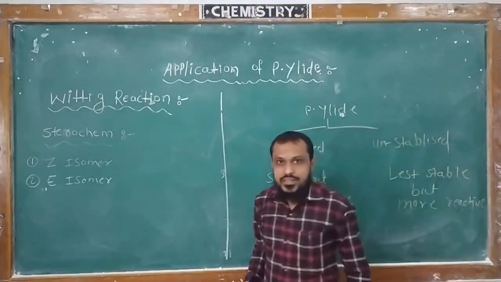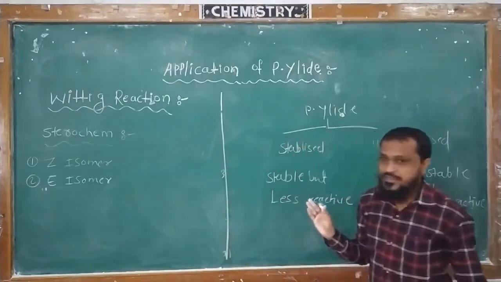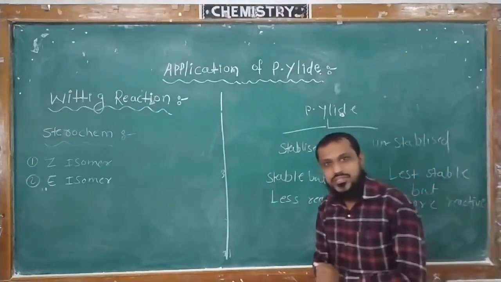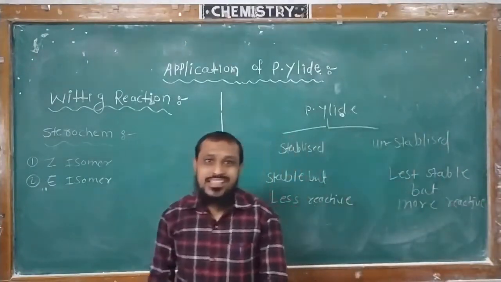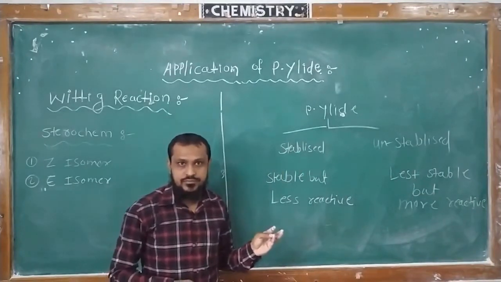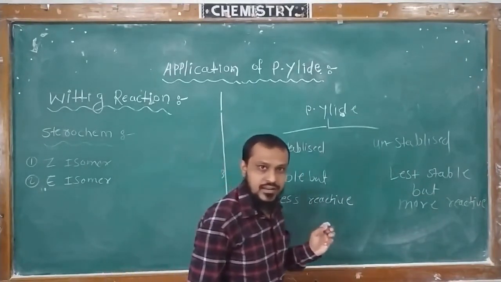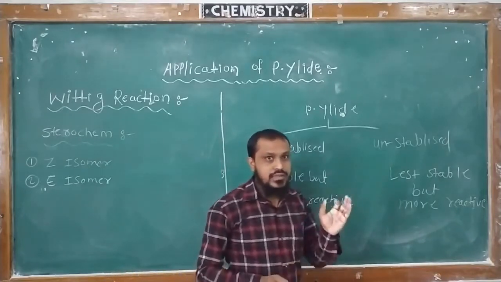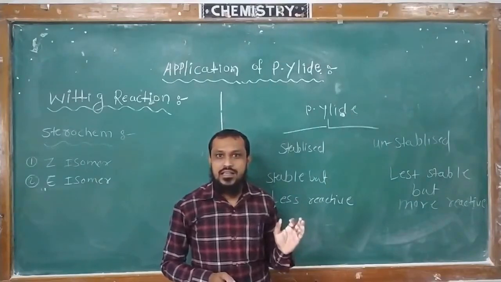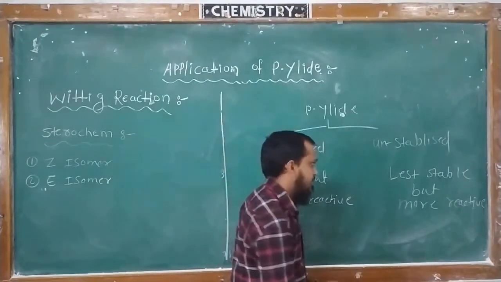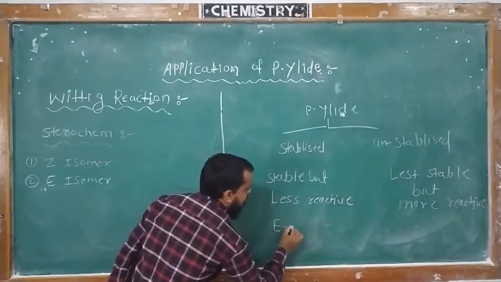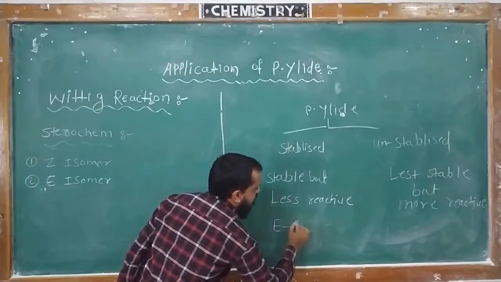So the stereochemistry of the Wittig reaction depends upon the reactivity of the phosphorus ylide. Suppose in the reaction a stabilized phosphorus ylide is used, then the product alkene will be obtained as an E alkene or E isomer.